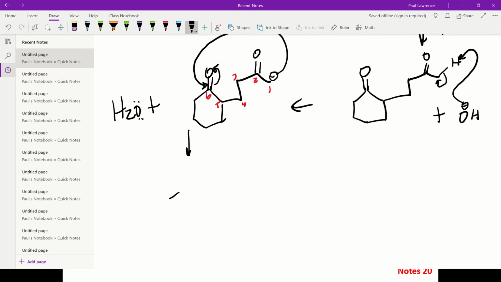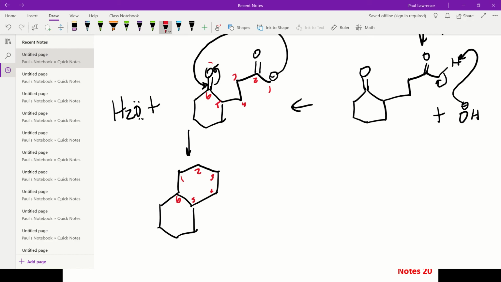So we draw that. We just draw a regular 6-membered ring. And we know that this carbon right here is carbon 6, and carbon 6 just formed a bond with carbon 1. So now we just number it, make sure it's all good, and then we double and triple check if we have everything.